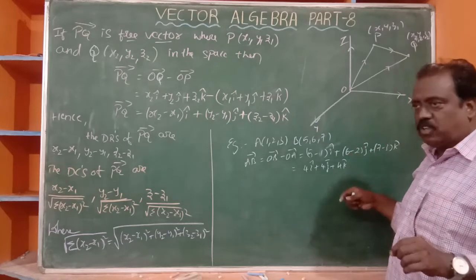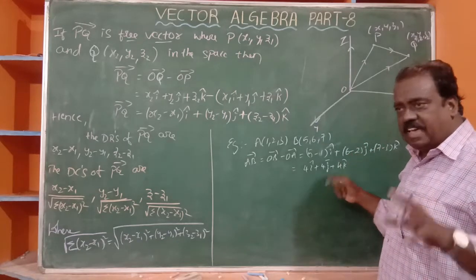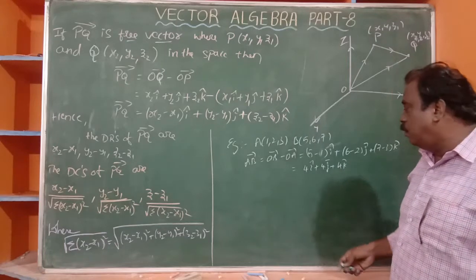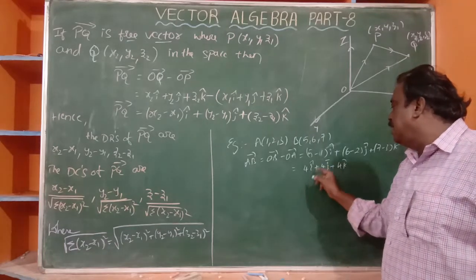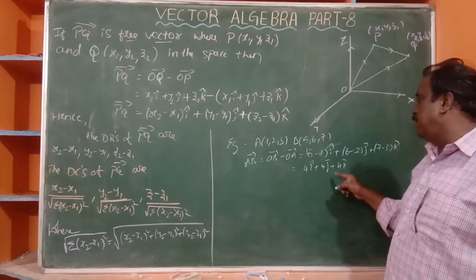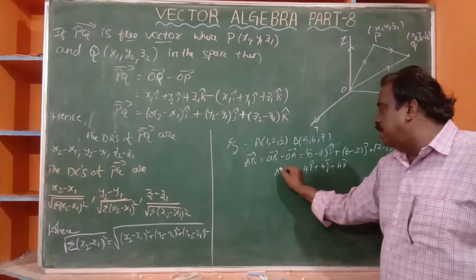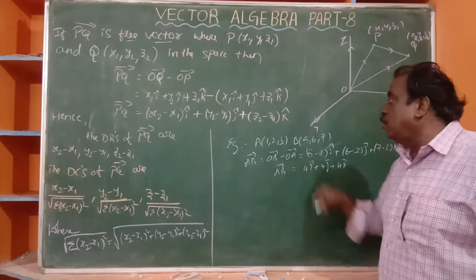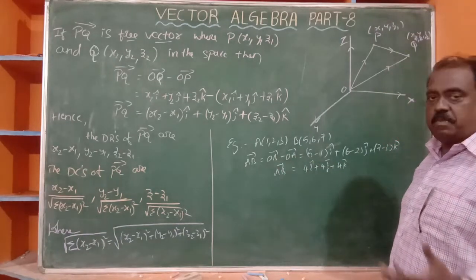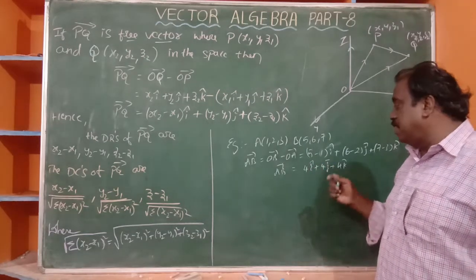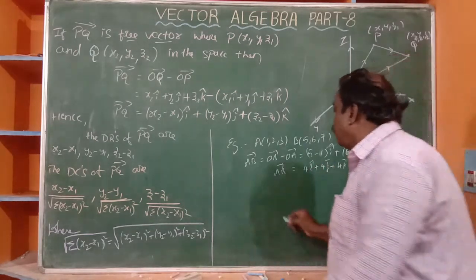It is understood that whenever you see i, j, k in vectors, they are unit vectors only. So it is 4i plus 4j plus 4k, it is AB bar. We are given only the points in the space. Now we find the free vector AB bar. Now, what are the DRs?